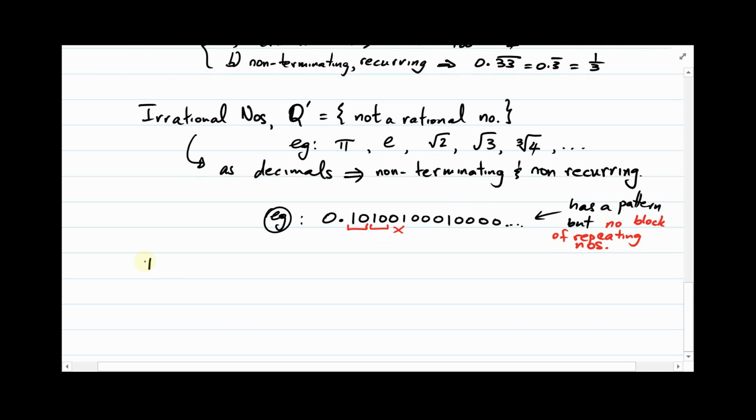So our final thing is the real numbers, which we call R, and this is the set of rational, let's write it symbolically with a symbol that you've met elsewhere. The rational union the irrational, right?